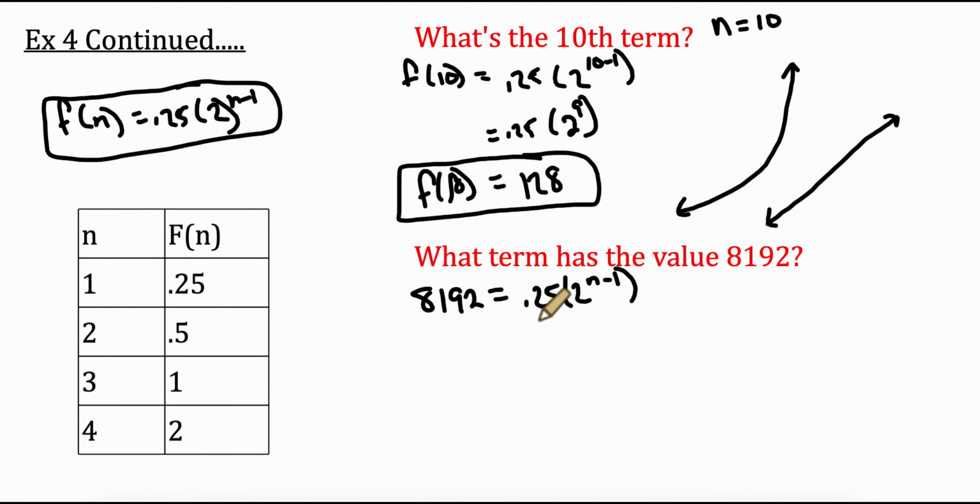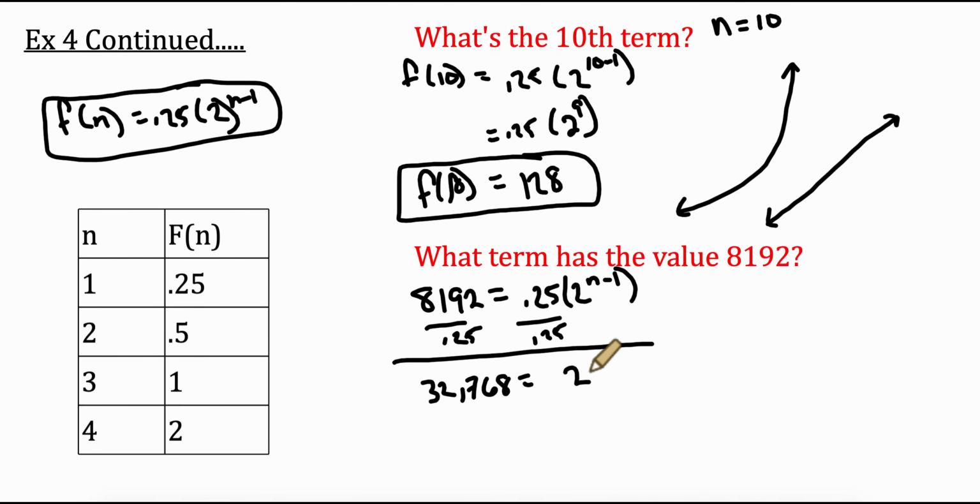This is going to take a little bit more work. So let's first of all divide both sides by 0.25. All right, that gives us 32,768 equals 2 to the n minus 1.